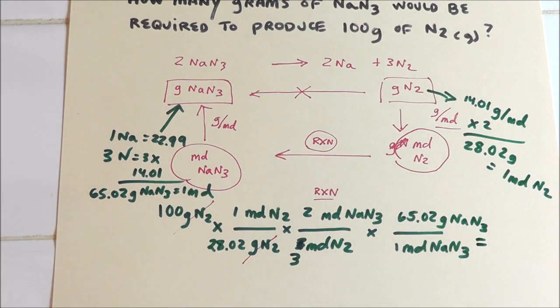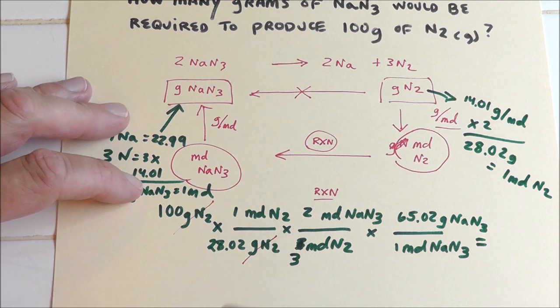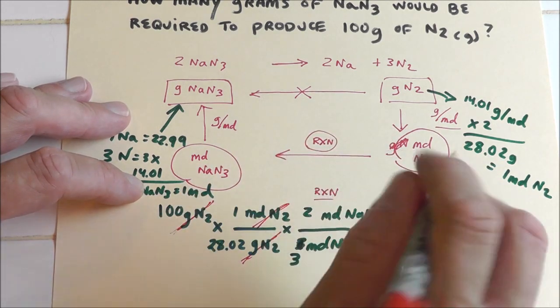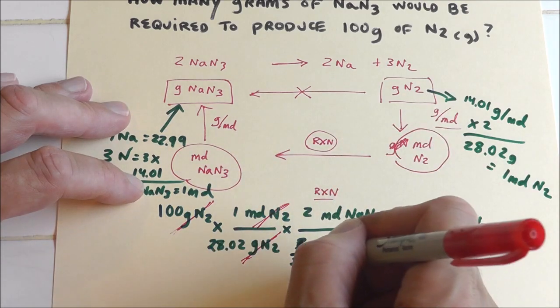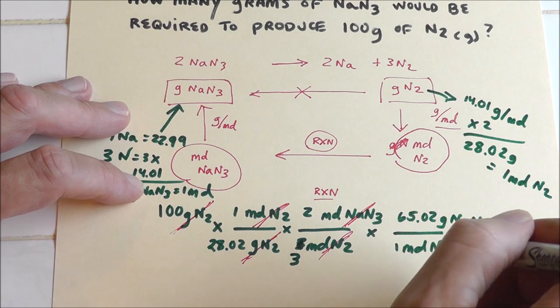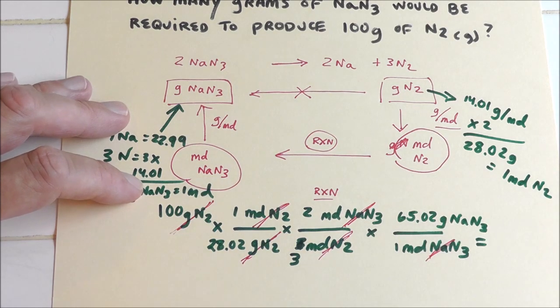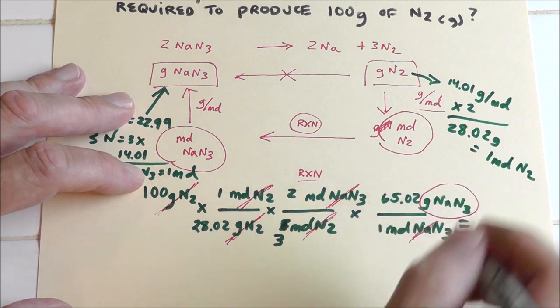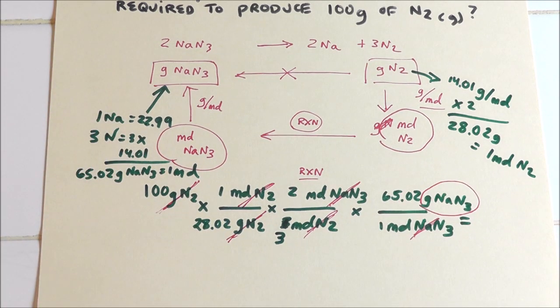Now, you can check yourself before you wreck yourself, and say, did all my units cancel except what they asked me? Grams, we already figured out, cancel. Moles of N2, cancel. Moles of NaN3, cancel. And now the only surviving unit of this process is the grams of NaN3, just like they asked.